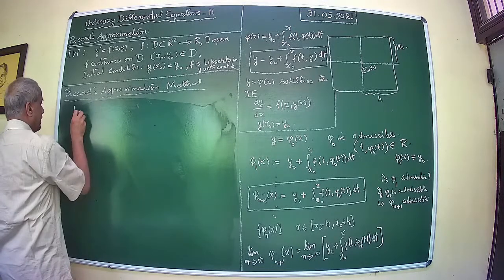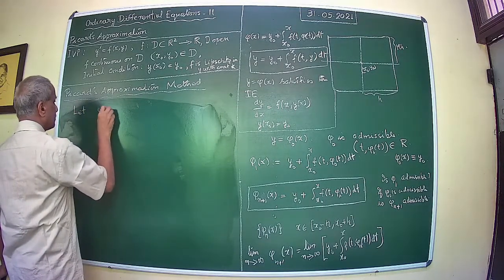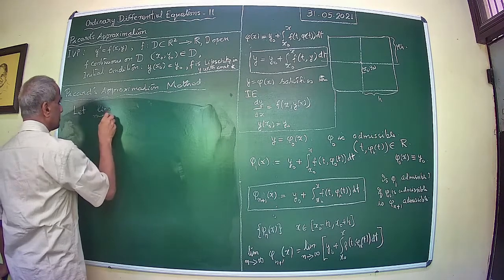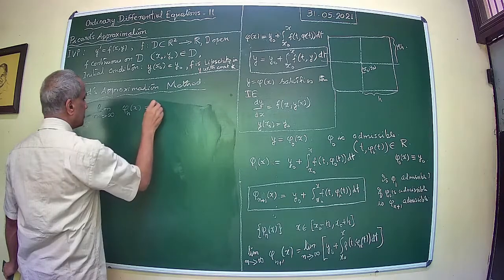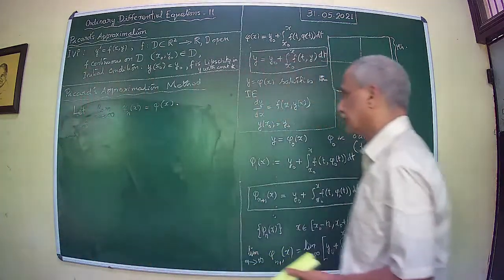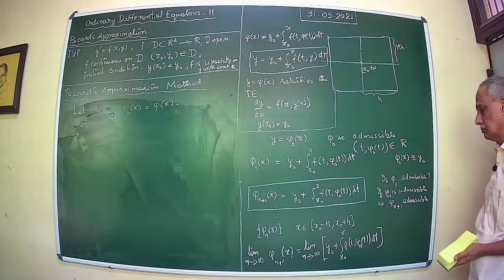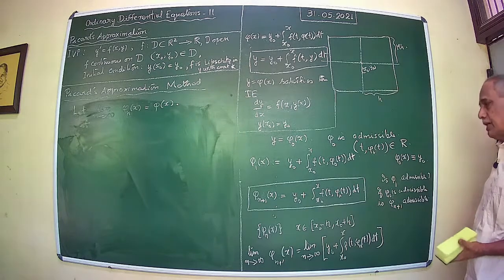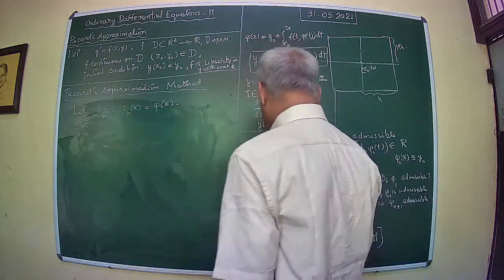These are all formal statements. Then what happens? The limit as n tends to infinity, phi n plus 1 x is also phi x.